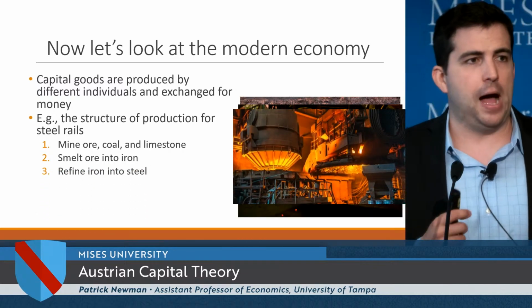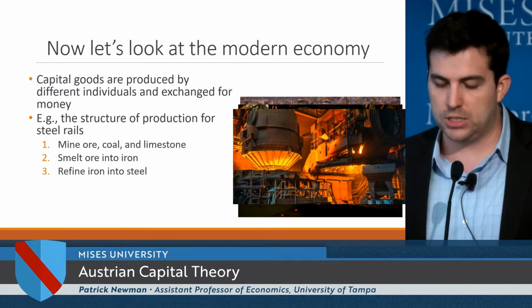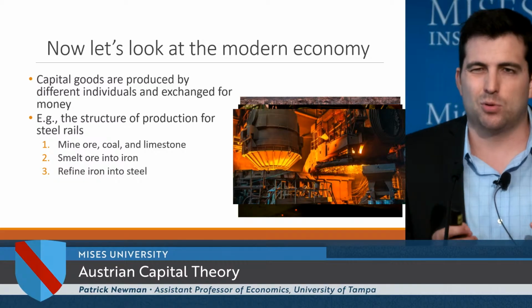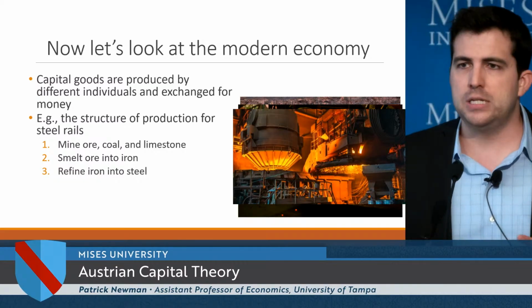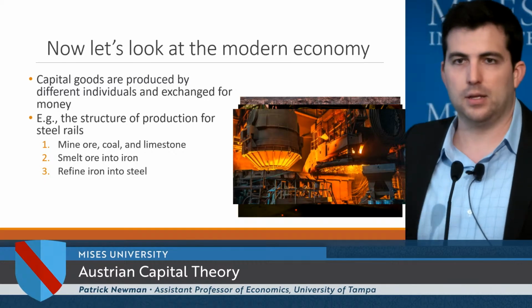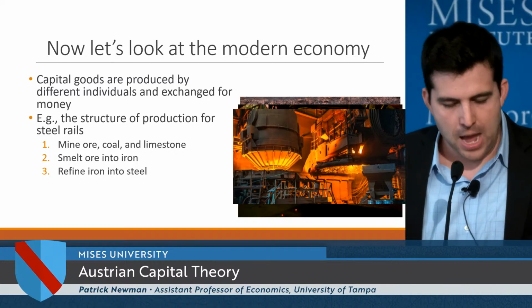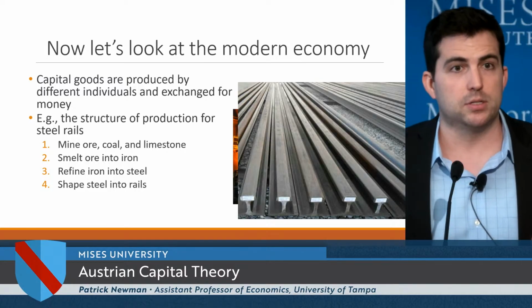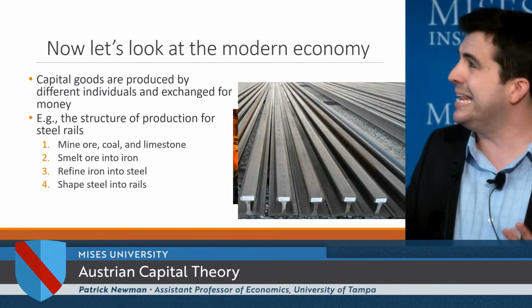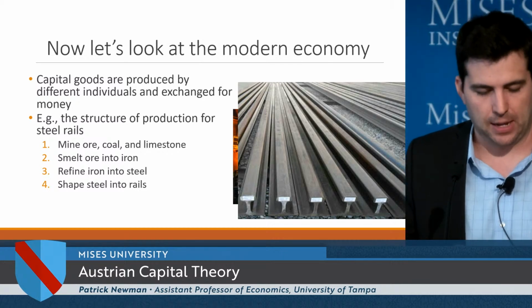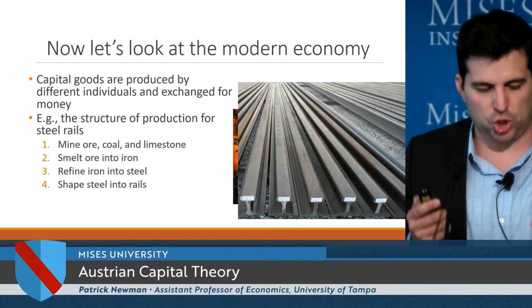Then you've got to refine the iron into steel. Okay, so you have to remove the impurities. You have to add some sort of alloy. It's usually done in a blast furnace, right? Mises Institute has one in another room if you want to see it. But no. Then you've got to shape the steel into rails, right? There's got to be some sort of heating and bending process involved, molding it into a specific shape.